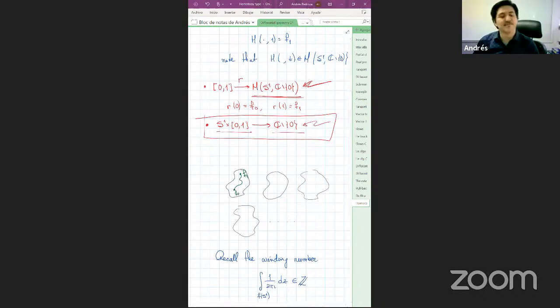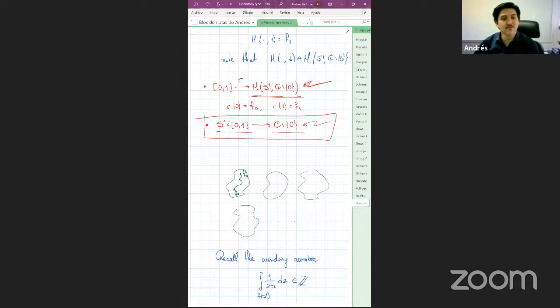And basically, everything that I have said doesn't matter whether my domain is S1 or any other topological space. And if my codomain is the complex numbers minus the origin, or any other topological space, it would work.